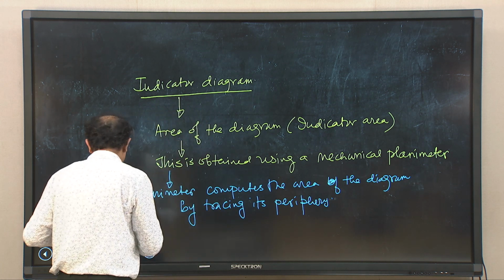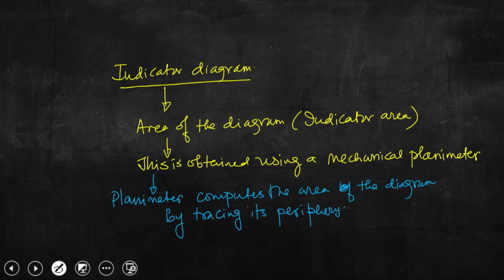Okay. So, now as I said, once we get the area, that area should be converted into work. This area should be converted into work and a calibration constant is needed.